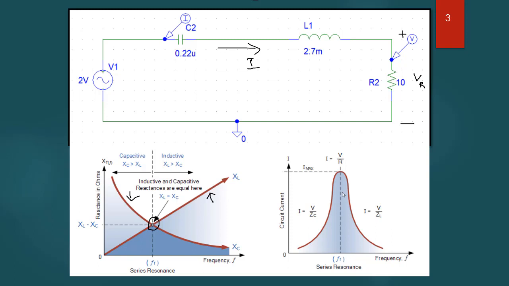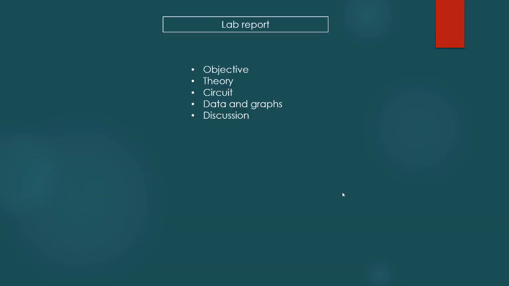So this will be our experiment, and in your lab report you will need to include these parts: objective and brief theory. Then you have to provide the circuit which will be used by us. Then you will have to provide the data, which is I max, the maximum current, the minimum impedance, the value of XL, the value of XC, and the value of VR.